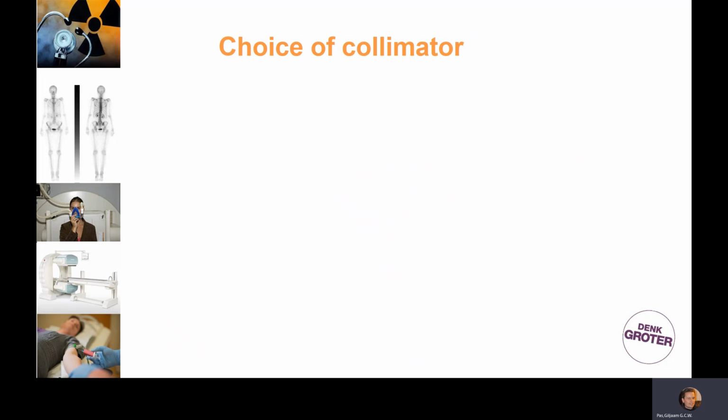There's just one more thing you need to take into account, and that is the energy of the nuclide. And the energy of the nuclide means a certain thickness of your septa. We have low energy, medium energy, and high energy nuclides, and you need to choose a high energy collimator in case of a high energy nuclide and a low energy collimator in case of a low energy nuclide.